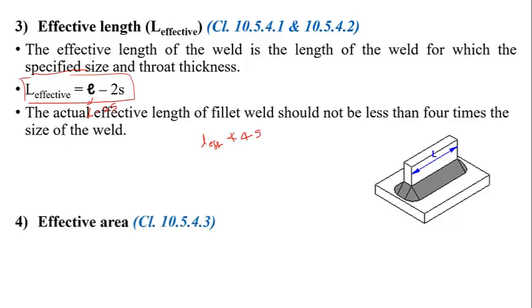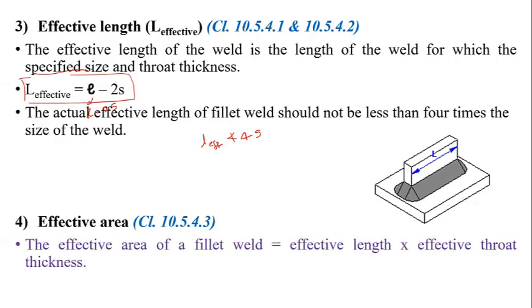Now the fourth criteria is effective area. This is available in the code book IS 800/2007, clause 10.5.4.3. This clause talks about the effective area which has to be provided by the fillet weld. The effective area of fillet weld is taken as the product of effective length and effective throat thickness.